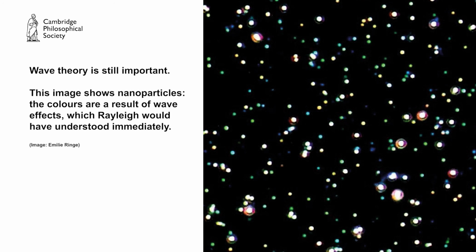They are colored as a result of wave effects. The individual particles are so small that they have patterns of electromagnetism around them, roughly the same as what Lord Rayleigh would have called normal modes. And so by tailoring the shape and size of your nanoparticles, you can make things that have particular colors.